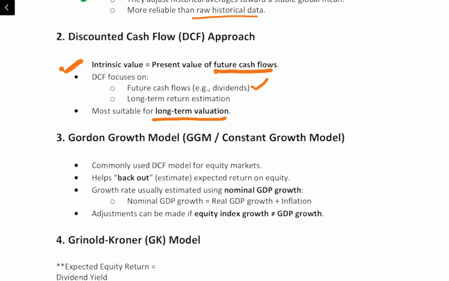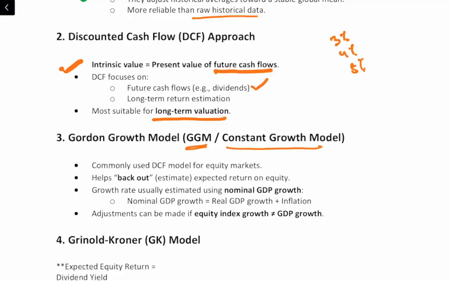Now the most common DCF approach is the Gordon growth model, or you can say the constant growth model, because you are getting dividends of say 3%, 4%, 5%. So there is some growth. Clear? So either you consider the Gordon growth model or the constant growth model. We have discussed it a lot in our CFA level 1 and level 2. Clear?